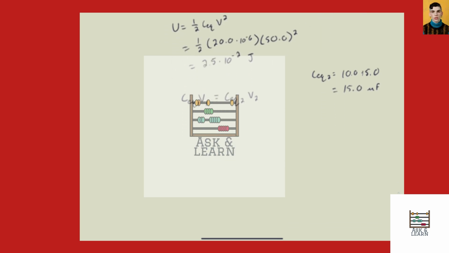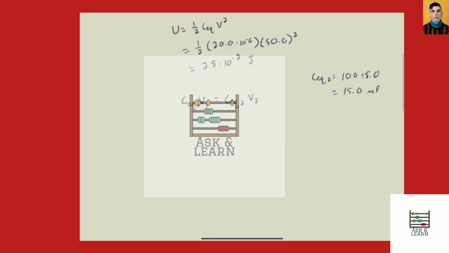So now we can plug some stuff in. The equivalent capacitance to start was 20 microfarads times 50 volts. And that has to equal 15 microfarads times the new voltage.